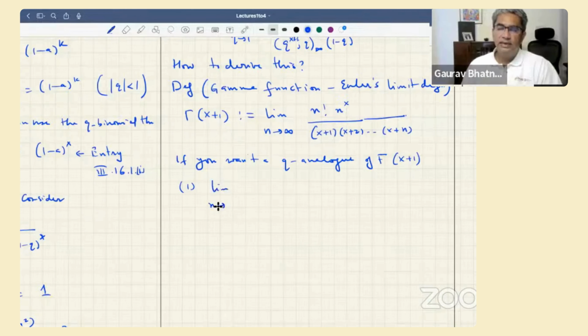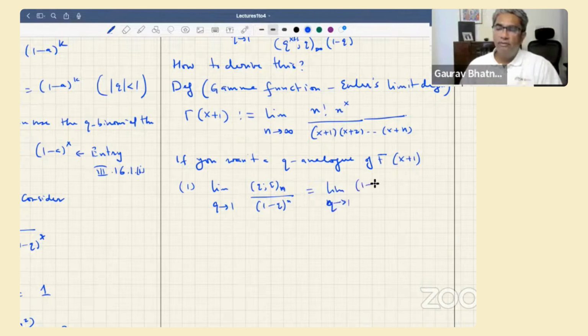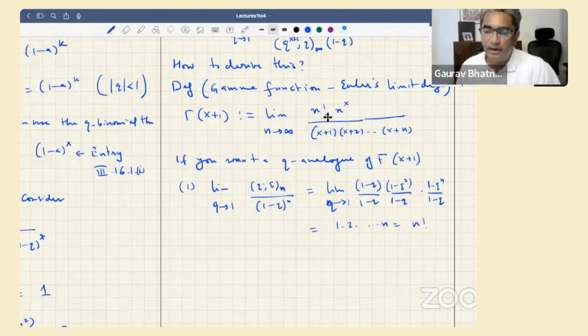You notice that the limit as q goes to 1 of (q; q)_n over 1 minus q raised to n is the limit as q goes to 1 of 1 minus q over 1 minus q, 1 minus q squared over 1 minus q, and so on. So that will be 1 into 2 up to n. So that's n factorial. So the n factorial part comes from here.